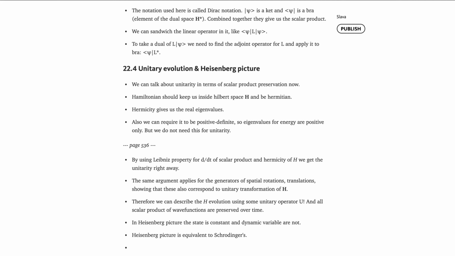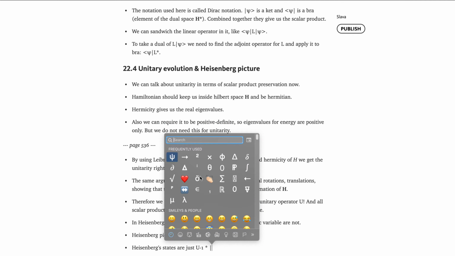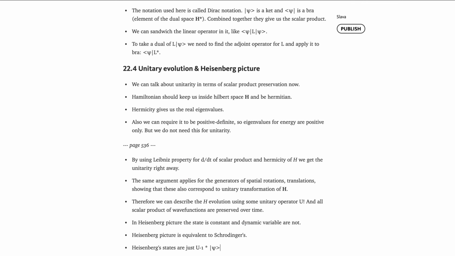So basically Heisenberg states are just something like U minus 1, the inverse here, multiplied by the Schrodinger state, like psi here, something like that.